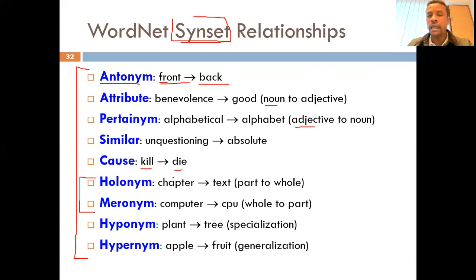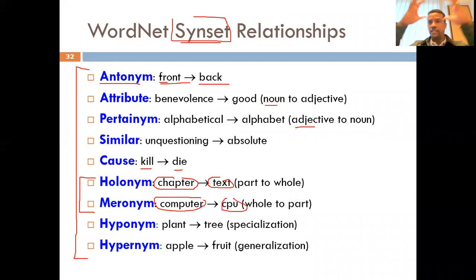So for example, the English word chapter and the English word text can be attached with the holonym synset to mean that a chapter is part of a text. Or you can say a whole and a part, which means a computer is larger than a CPU, which means that a computer is the whole compared to the part which is the CPU.